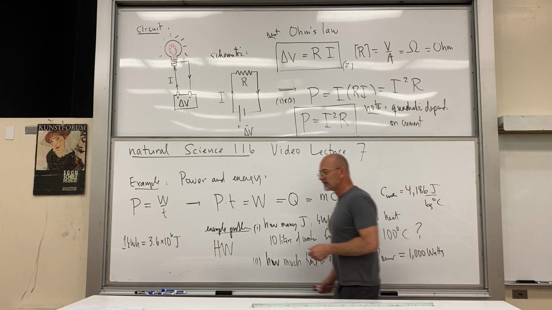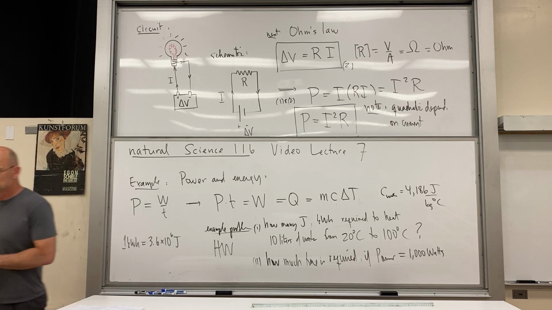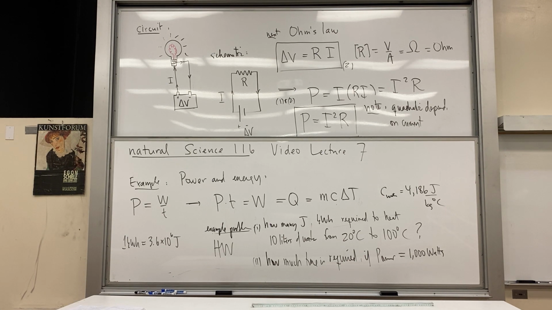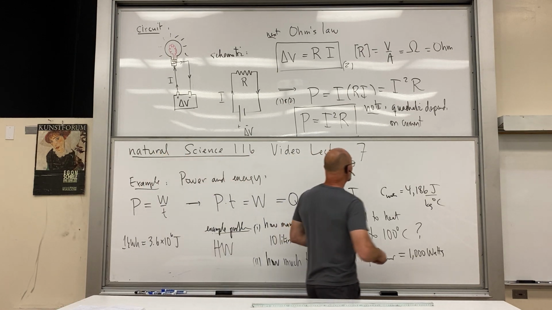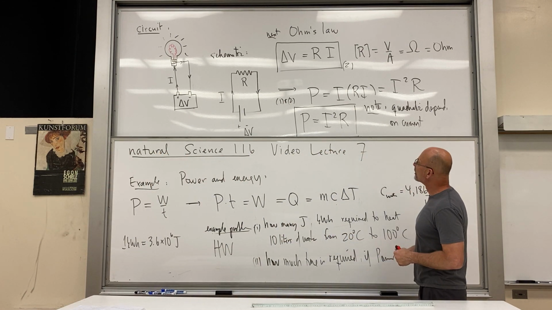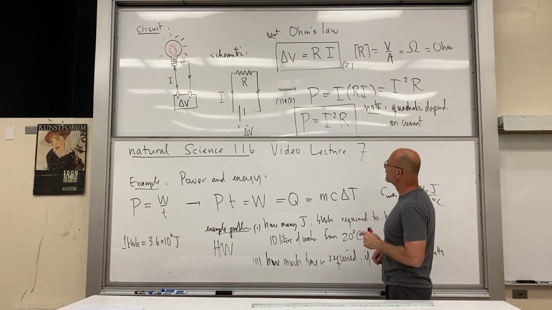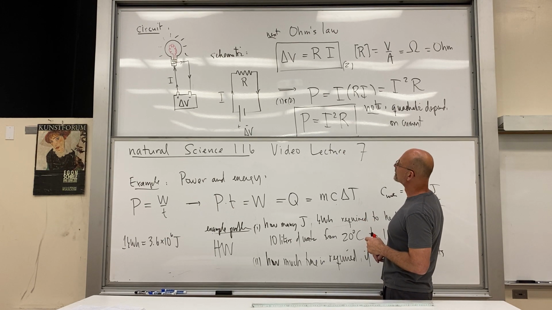Good, let's see how we're doing for time here. Okay, we could maybe condense all of this onto one board one more time, and then I want to get into electricity and magnetism specifically.